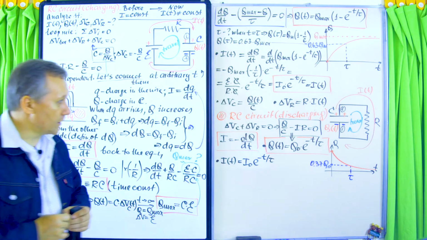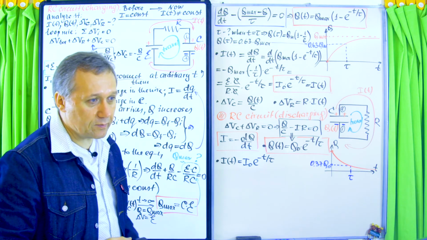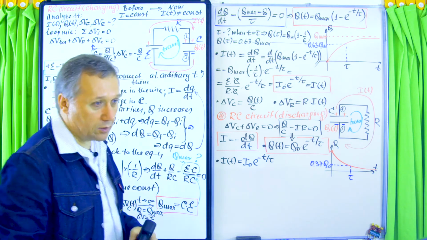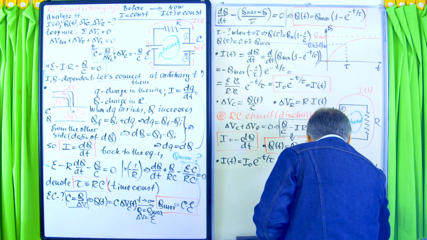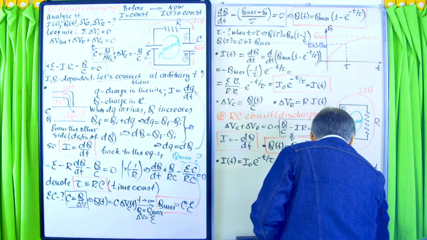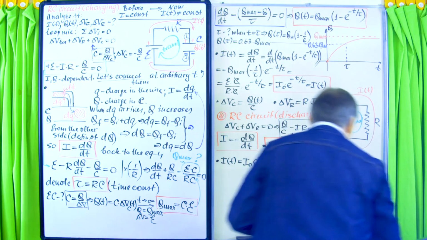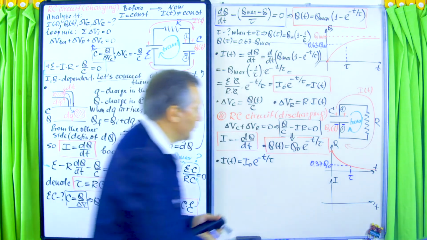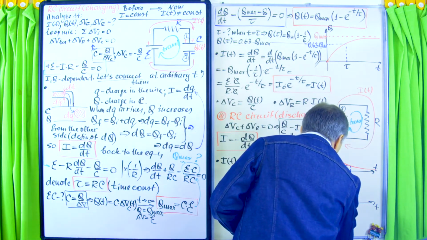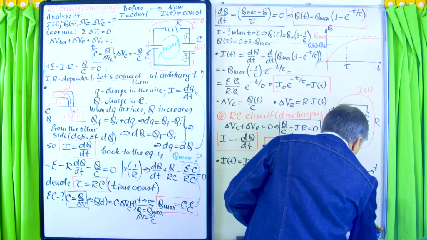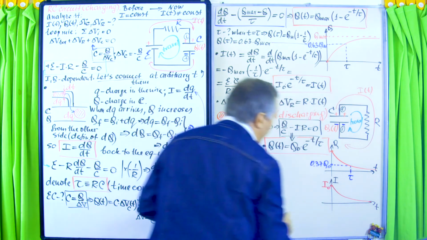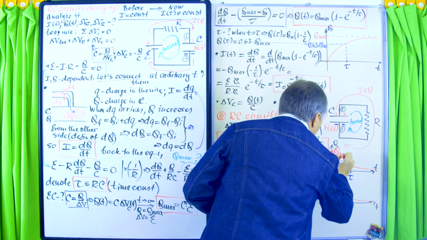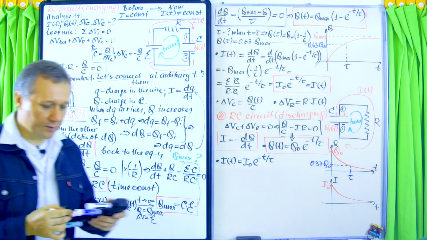Again, if you plot it, it will be very similar, but instead of Q, it will have current. So I versus time. And again, the plot will be very similar, but now this is I naught. This was Q sub 0, that is I sub 0.